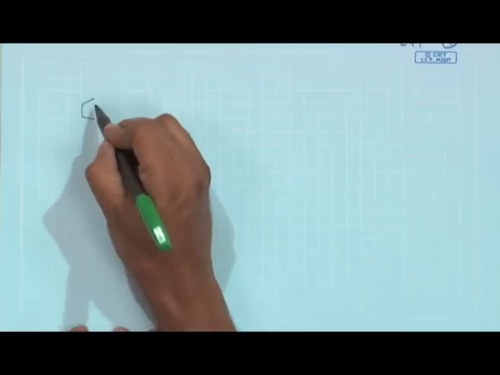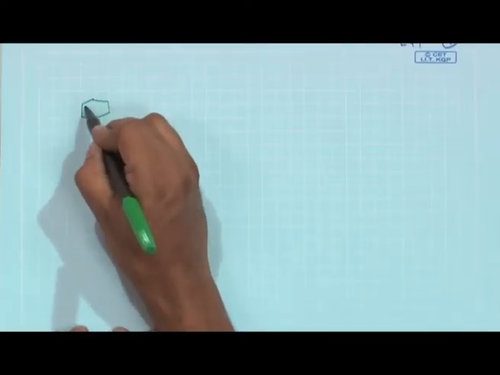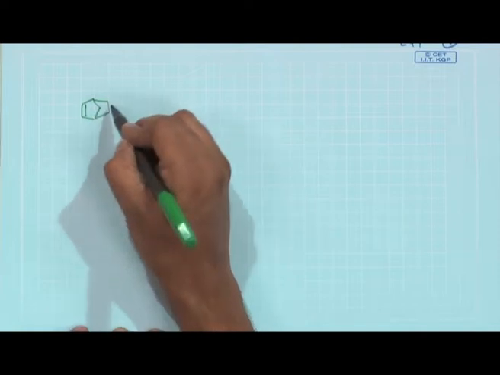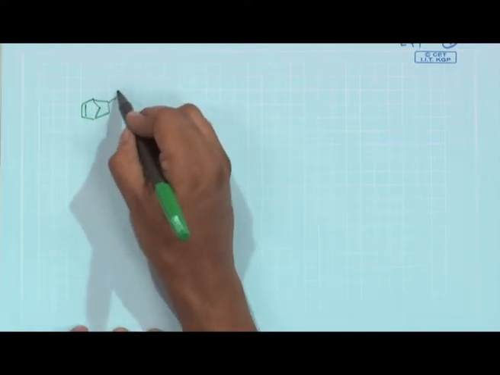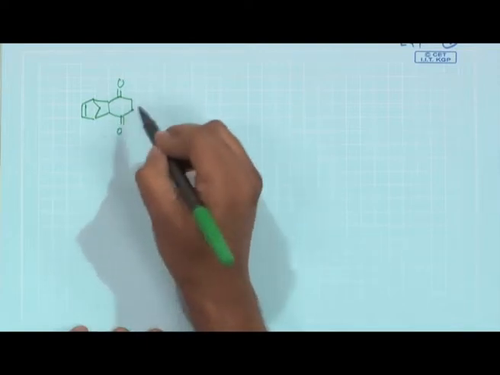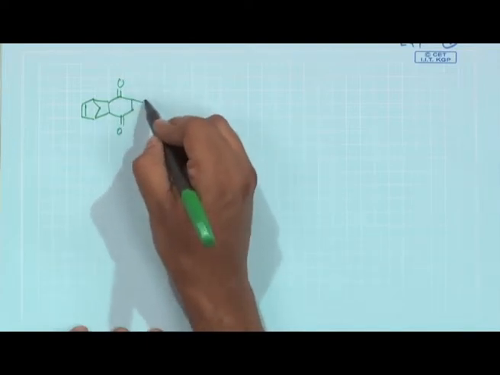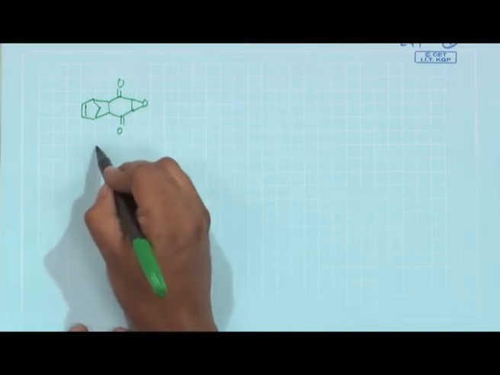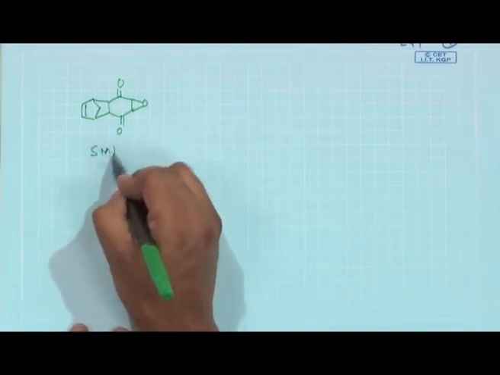Now, we will try to explore the concept of desymmetrization with some very simple examples. I am going to give you a couple of starting materials one by one, and what I am asking is that please try to do the desymmetrization of this given molecule, so that the symmetry is getting disturbed.